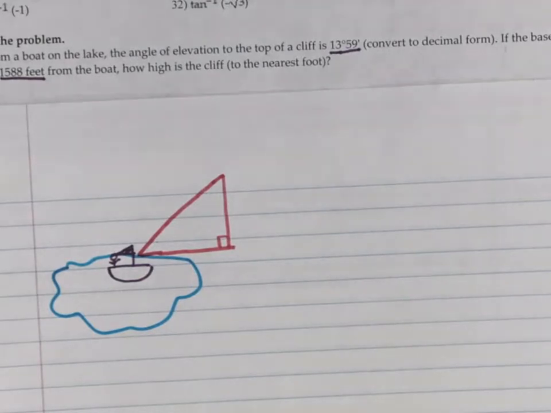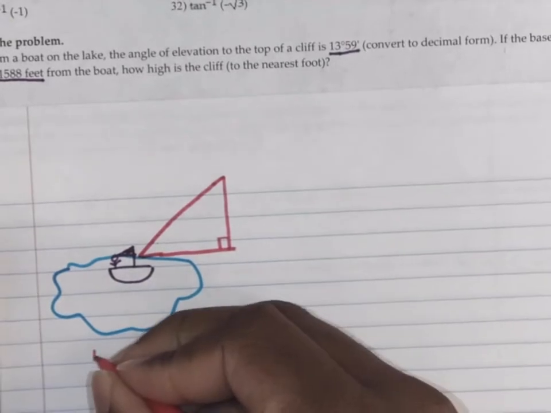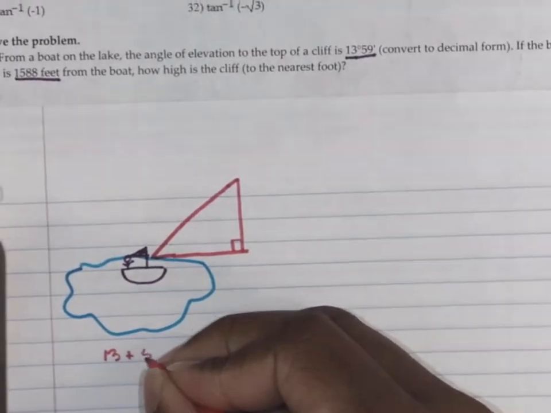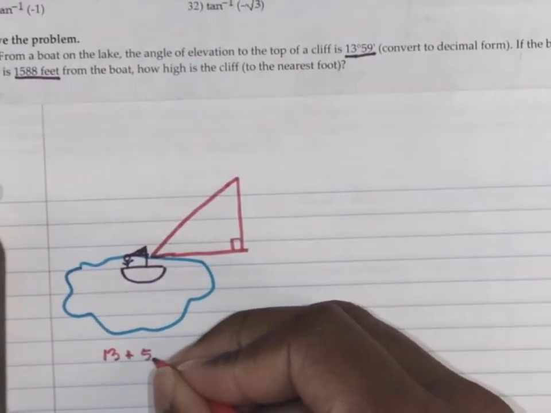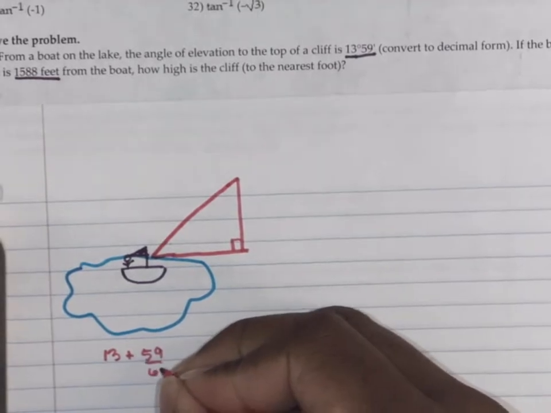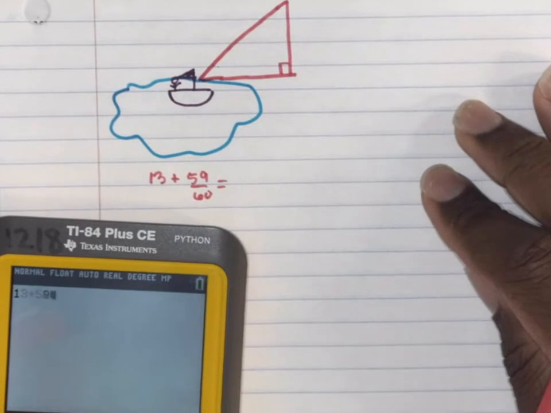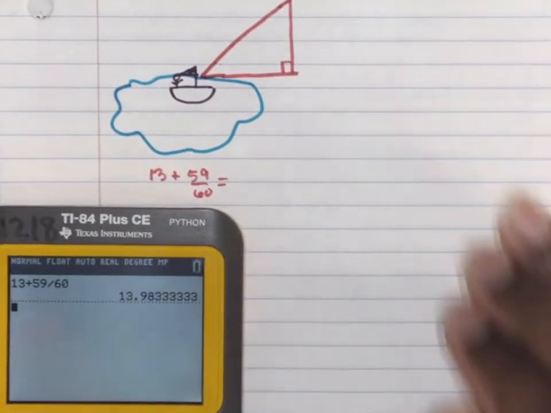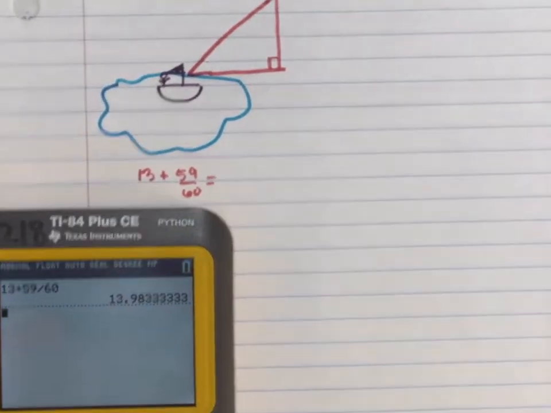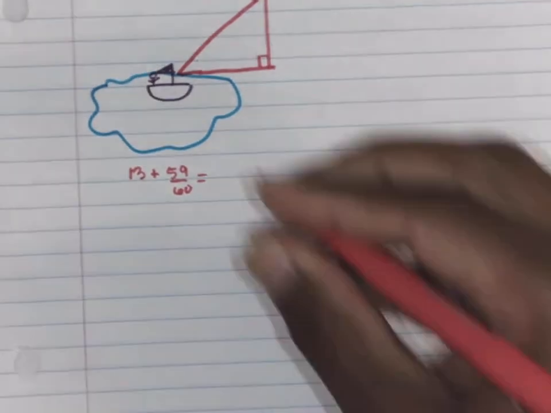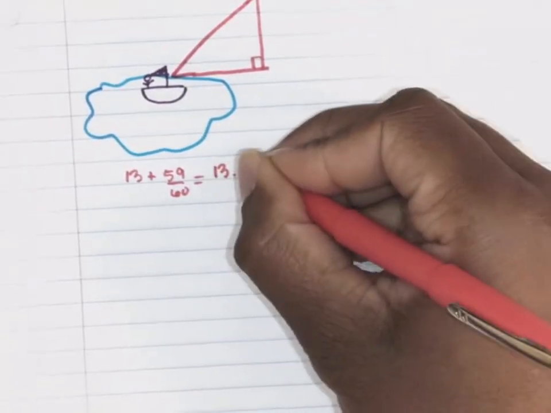Probably like 14.9 degrees. So just remember, when you convert, it'd be 13 plus 59 divided by 60. So I just put that in my calculator, 13 plus 59 divided by 60, and I get 13.98. Let's leave it as that.